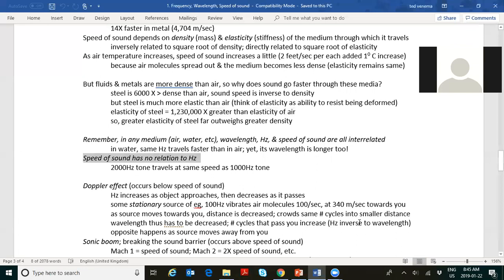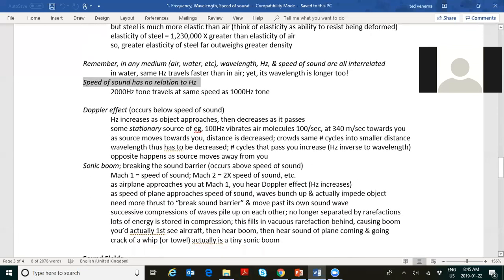Here's something kind of weird. We'll just describe this a little bit today, just for fun. The Doppler effect and the sonic boom. Have you ever listened to an ambulance or a cop car coming toward you? The siren goes up, and then as it passes you it goes down.